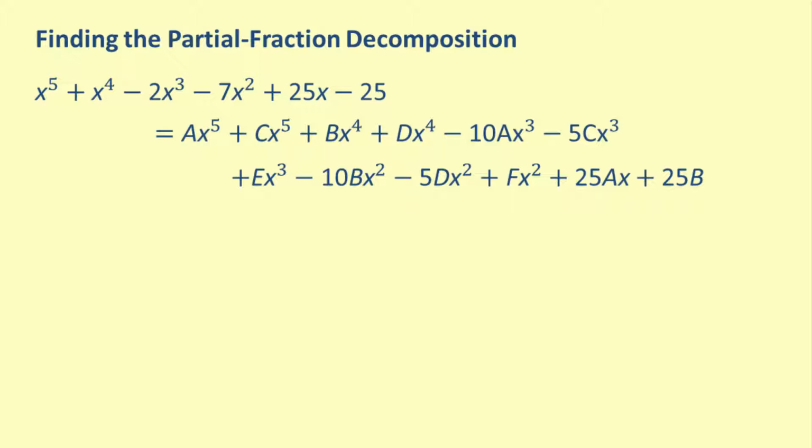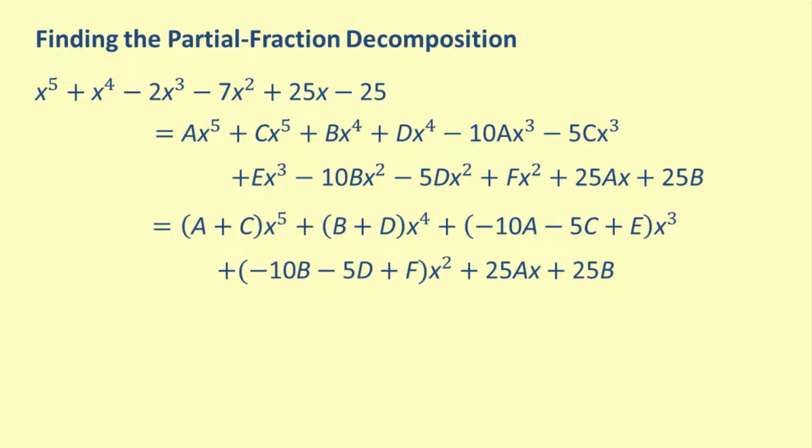So, factoring the right side of the equation yields the quantity a plus c times x to the fifth power plus the quantity b plus d times x to the fourth power plus the quantity negative 10a minus 5c plus e times x cubed plus the quantity negative 10b minus 5d plus f times x squared plus 25ax plus 25b.